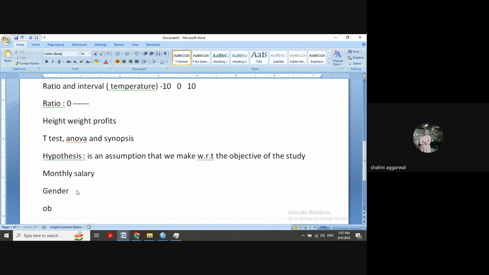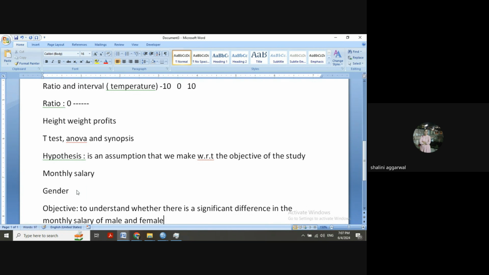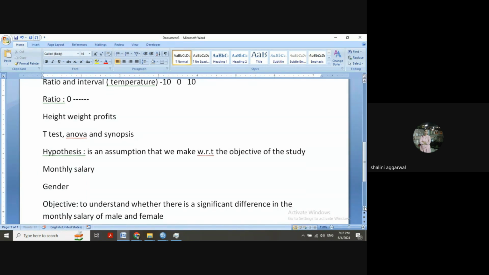Let's say the objective is to understand whether there is a significant difference in the monthly salary of male and female. Let me repeat this.